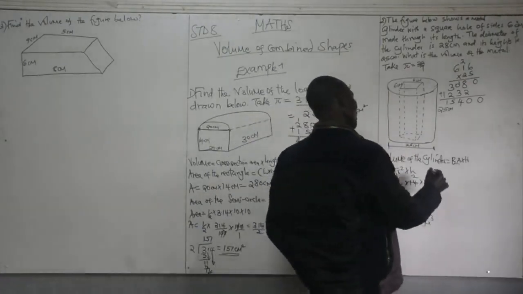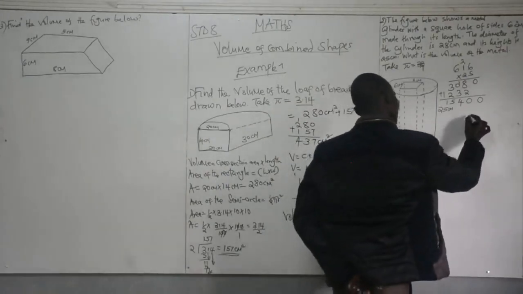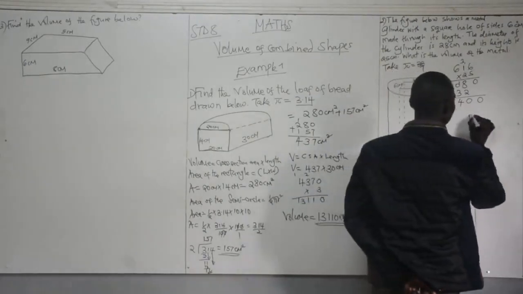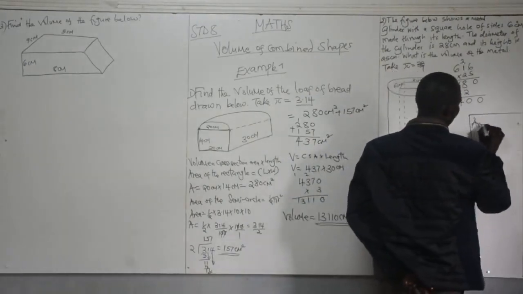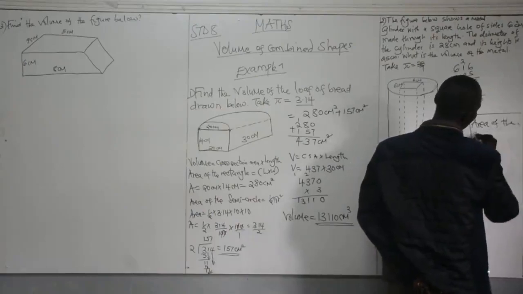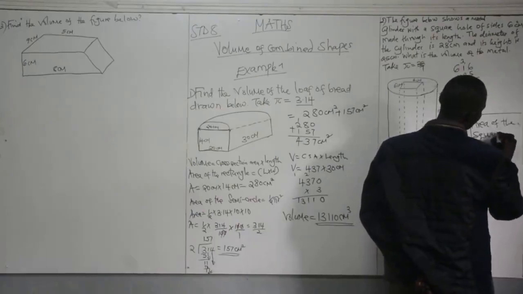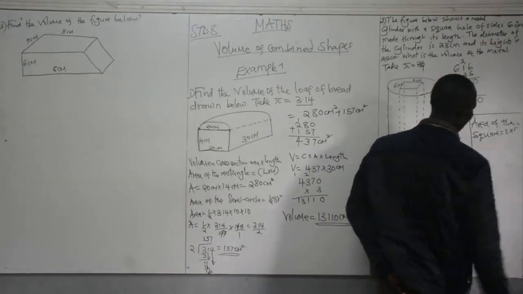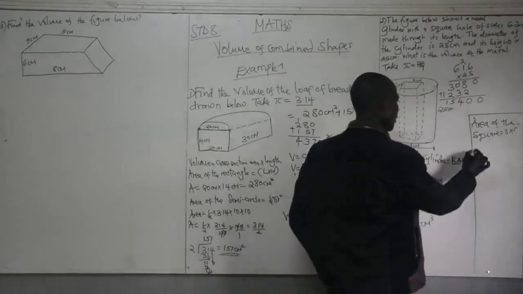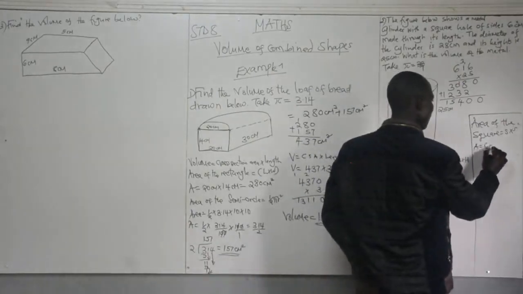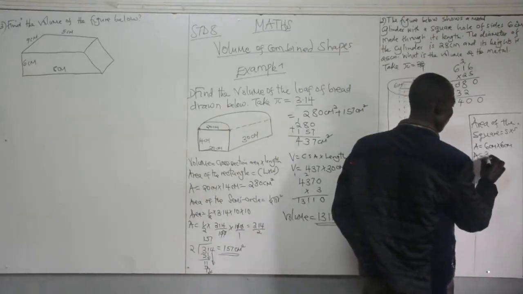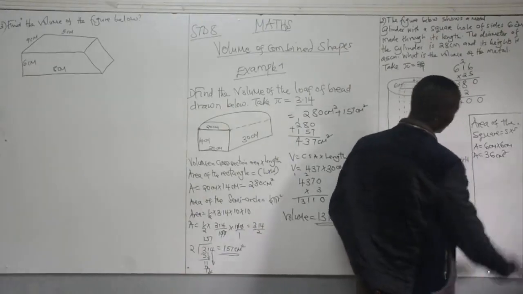So again we can now say area of the square is equal to side times side, because all the sides of the square are the same. So that we now say the area is equal to 6 centimeters times 6 centimeters to give us an area of 36 square centimeters.